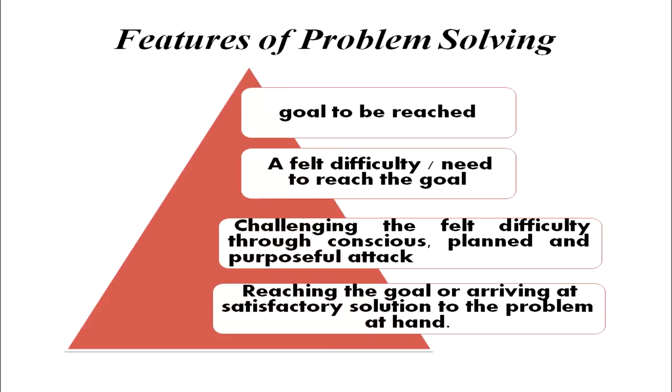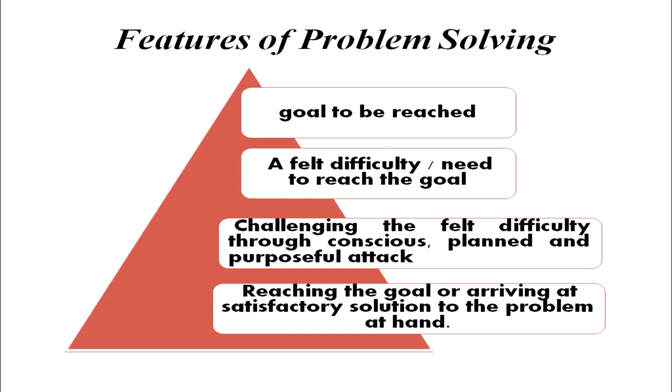Features of problem solving are, firstly, we have to set a goal which is to be achieved, means there should be a felt difficulty, a felt problem, and to overcome that problem we will make a goal. A felt difficulty: to reach the goal, the child will feel some difficulty, some hindrance, then the child will feel the problem.